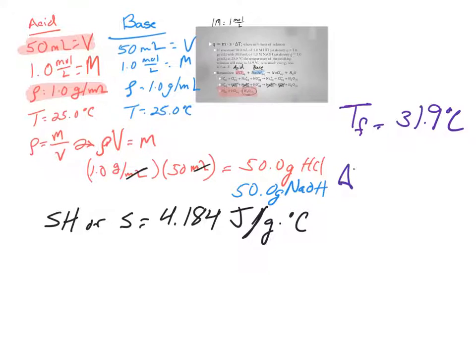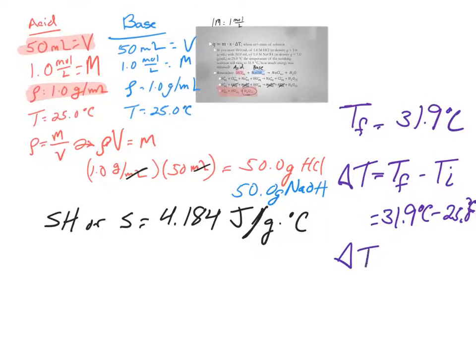That means our delta T, which is T sub F minus T sub I, for the final temperature minus the initial temperature, is going to be equal to 31.9 degrees Celsius minus 25 degrees Celsius. And we get a delta T of 6.9 degrees Celsius. Now we have everything to do this equation.